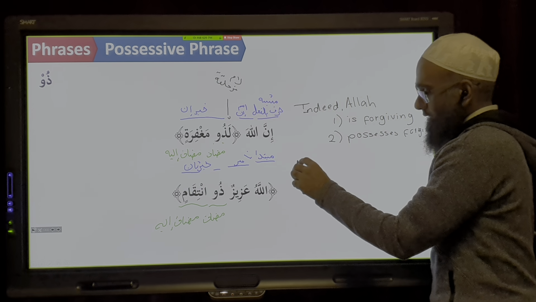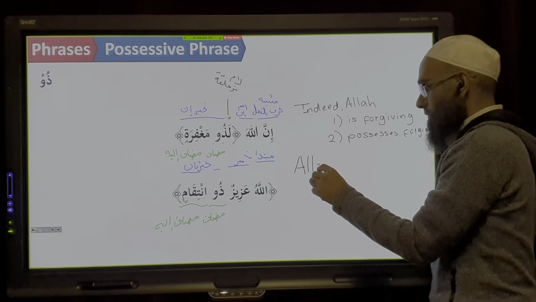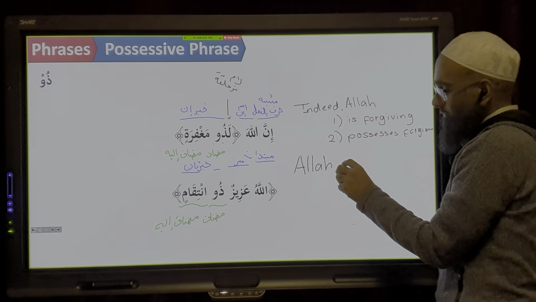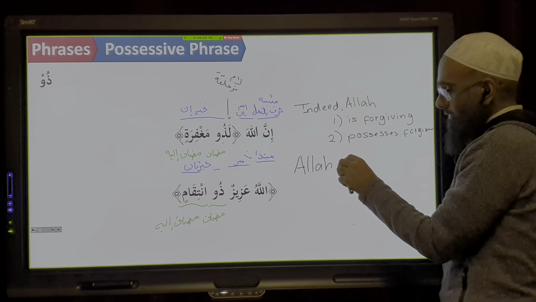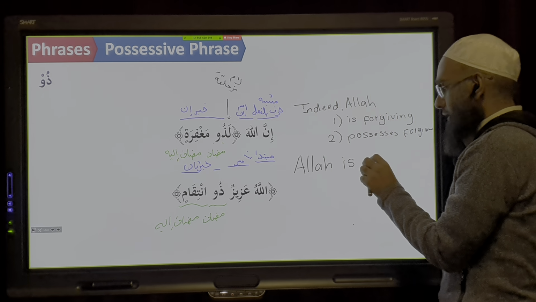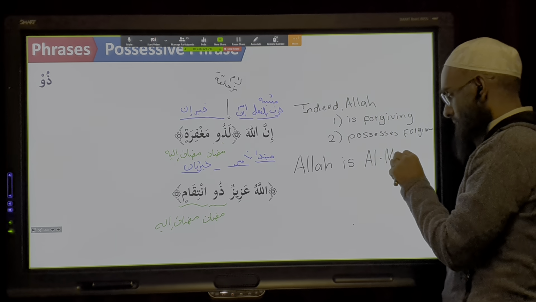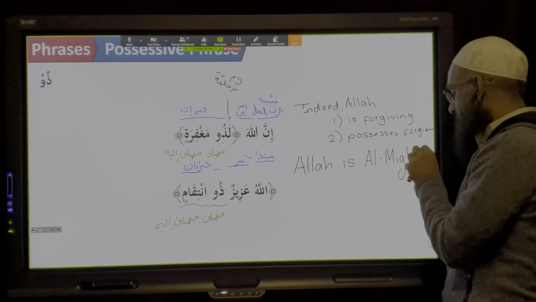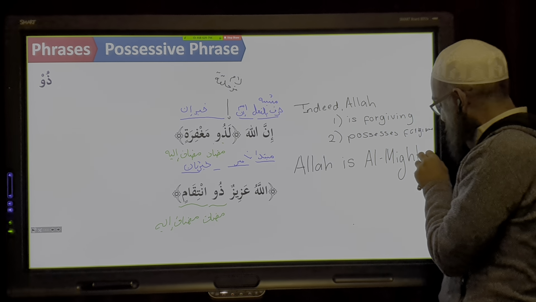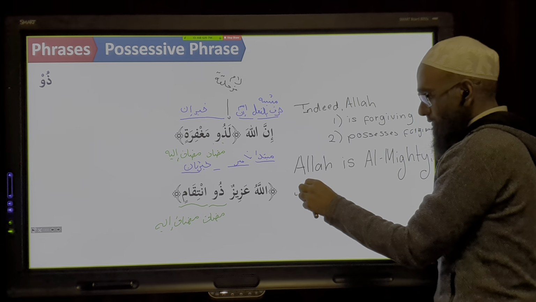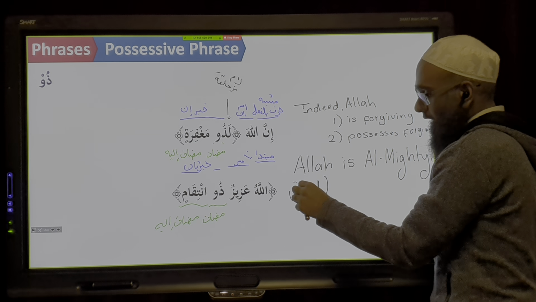translation would be Allah Almighty. Allah is Almighty. You can put a comma, or if you want, you can put an. You can use both. There's an option of how to use it.